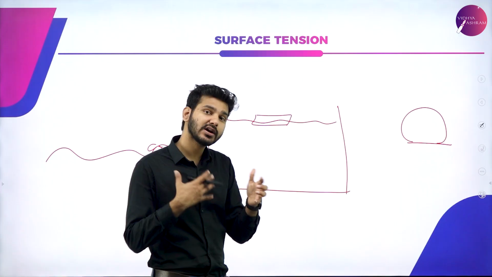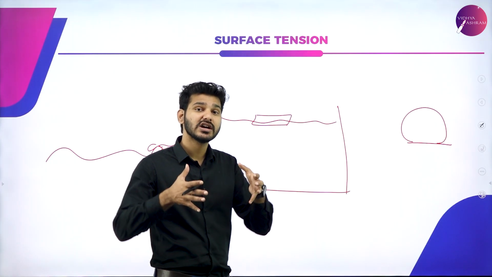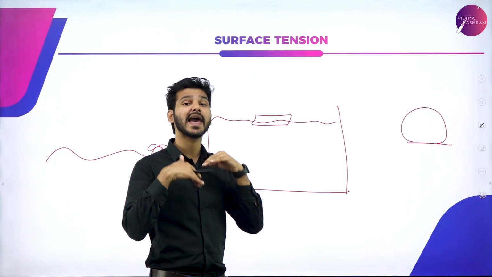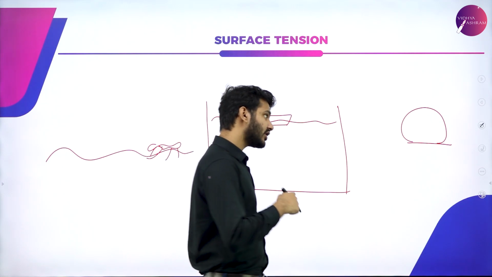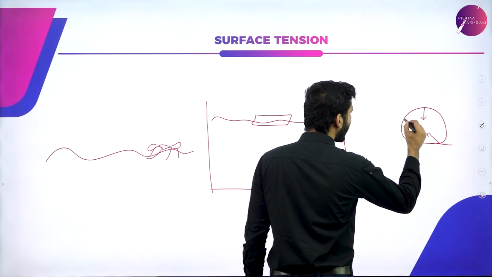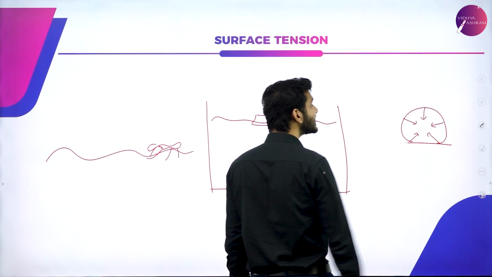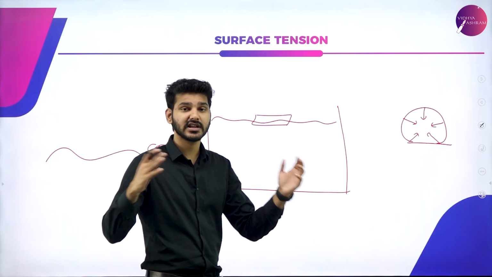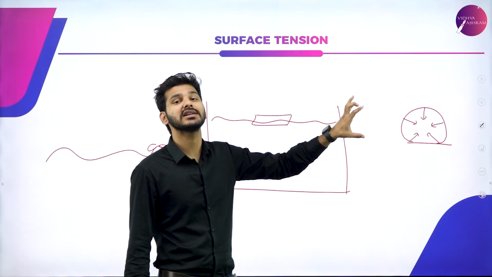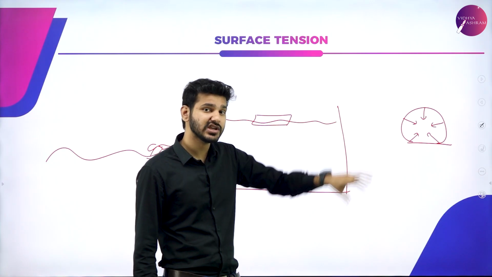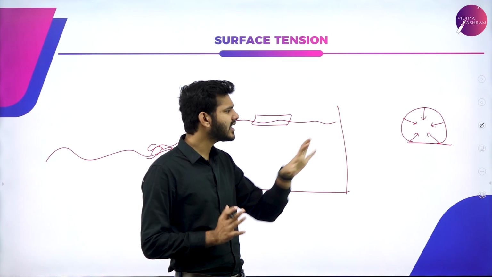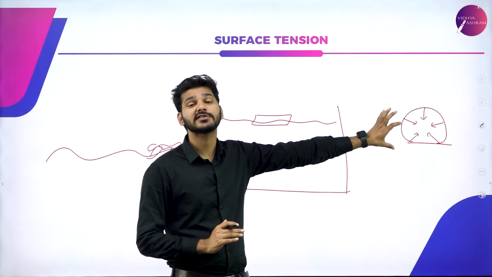That is because anything in the universe has a tendency to reduce its energy state. In order to have minimum surface area, because as surface area increases, surface energy also increases, the most efficient shape is a circle, or simply in 3 dimensions, a sphere.